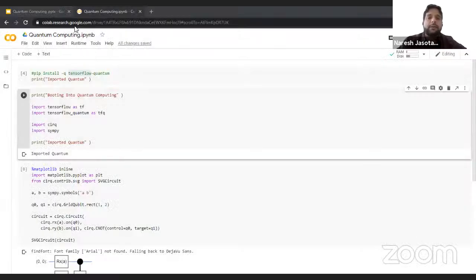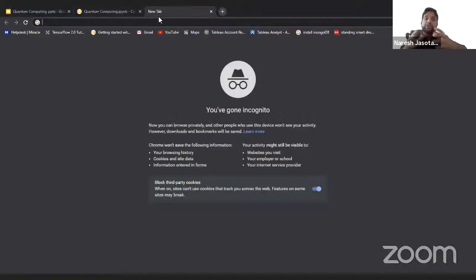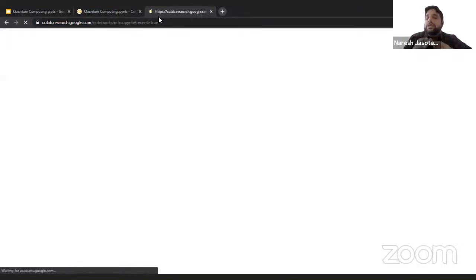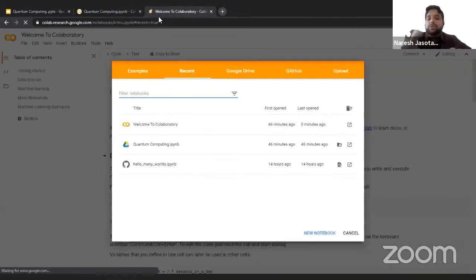So this is Colab, and how do you access that? Using your Gmail ID, go to colab.research.google.com. If it is your first time, it'll ask you to accept some conditions or whatever, and then you can launch it.